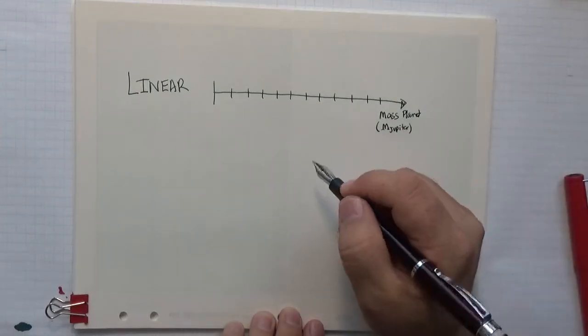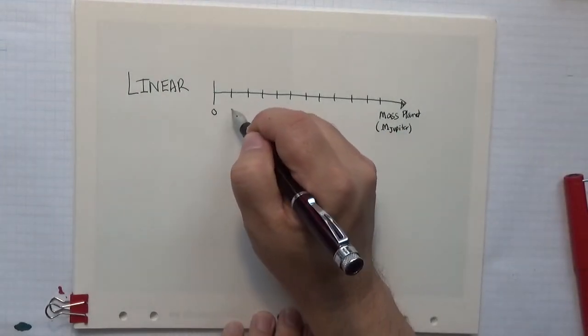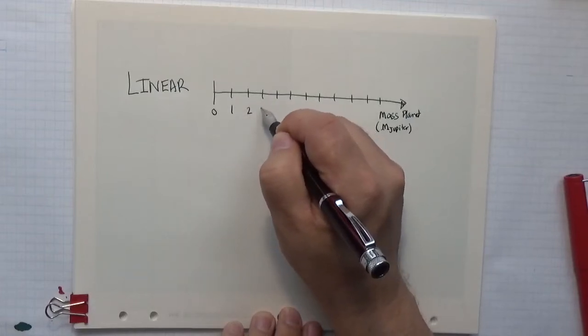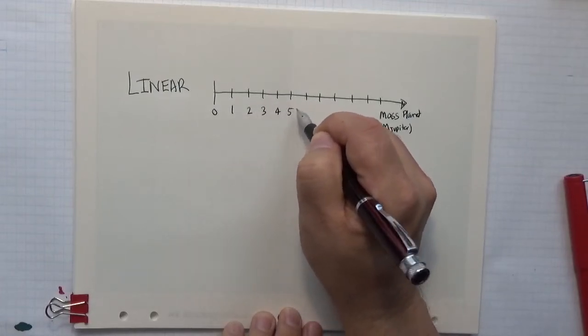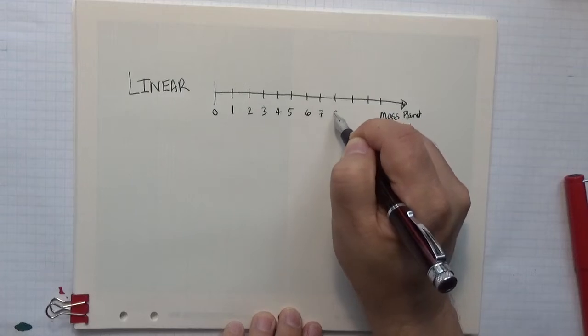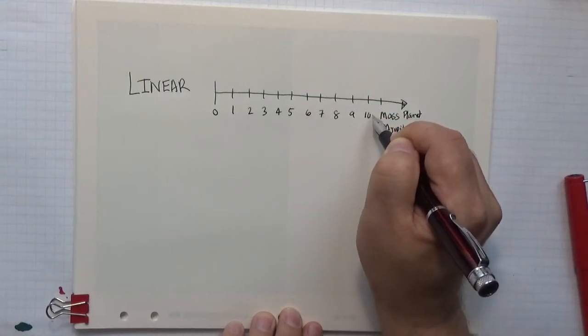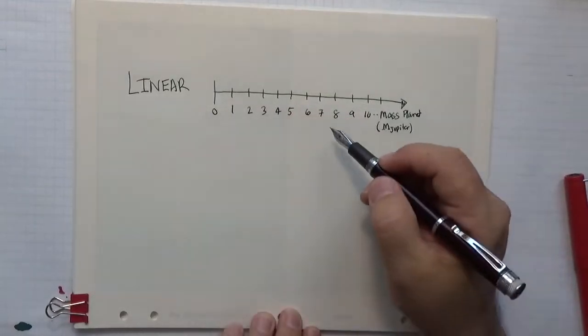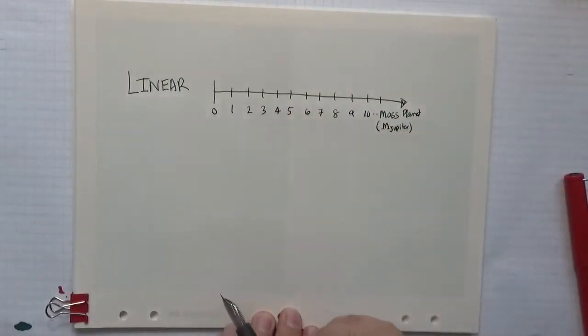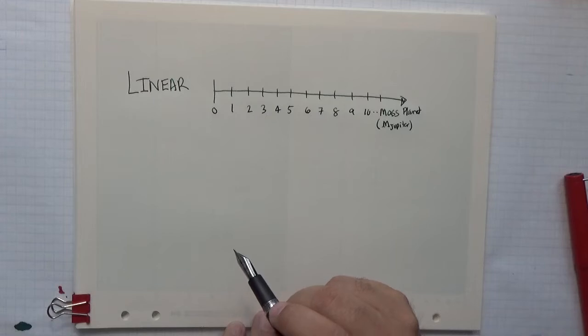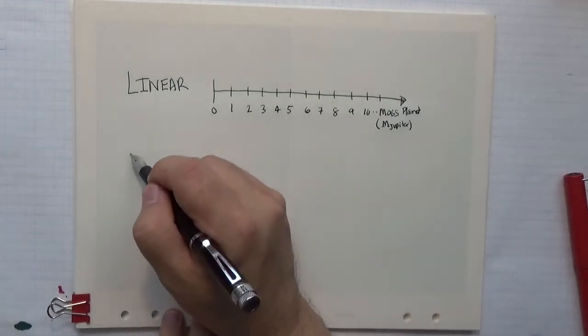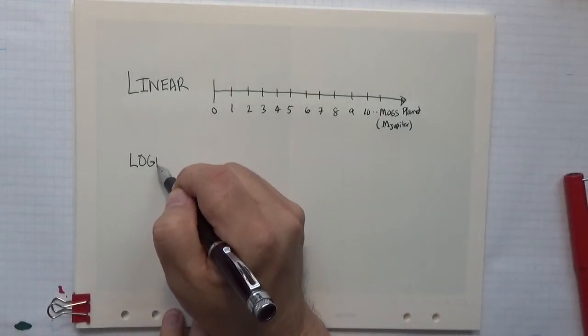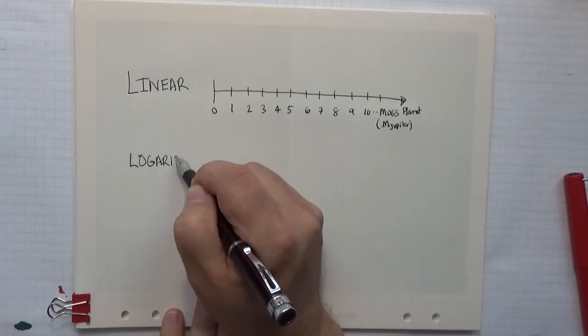Okay, and so along the axis then, I would simply label 1, 2, 3, 4, 5, 6, 7, 8, 9, 10, and so on. So a planet here is 2 times the mass of Jupiter, a planet here is 7 times the mass of Jupiter.